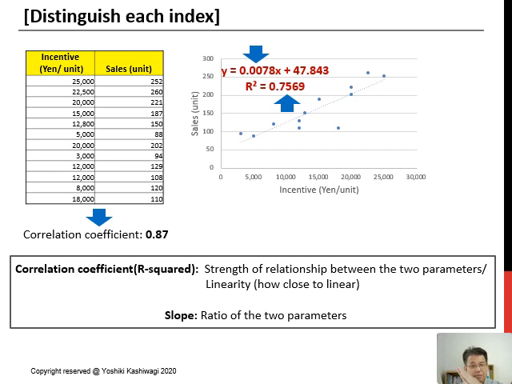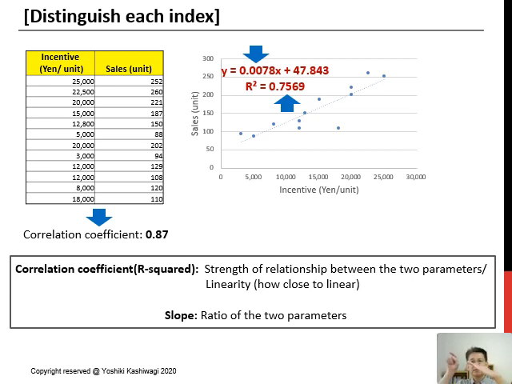But the slope is a ratio of the two parameters, in this case sales and incentive. If you increase the incentive by 5,000, how much can sales increase? So you can say this slope, 0.0078, shows the ratio between the Y-axis and X-axis. At the same time, in this case, you can say it shows the effectiveness of the incentive.